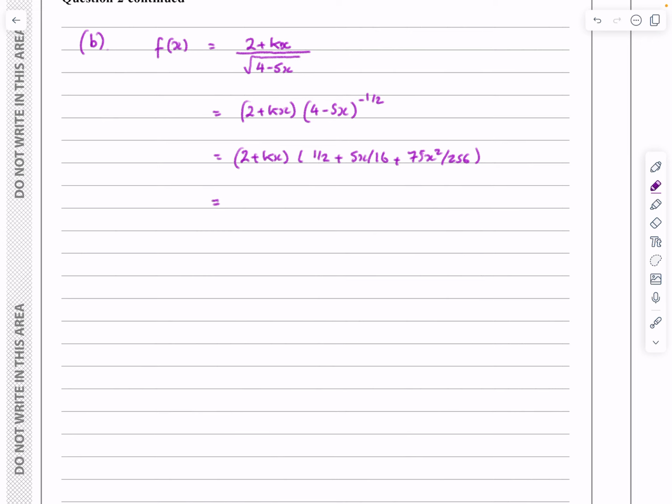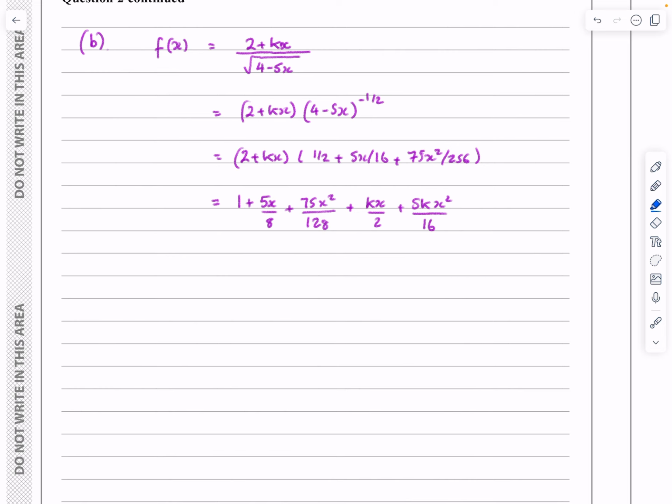So if I multiply this out, 2 multiplied by all of those 3 is going to give me 1, 5x over 8, and 75x squared over 128 this time. And the kx multiplied by the other ones is going to give me kx over 2 and 5kx squared all over 16.